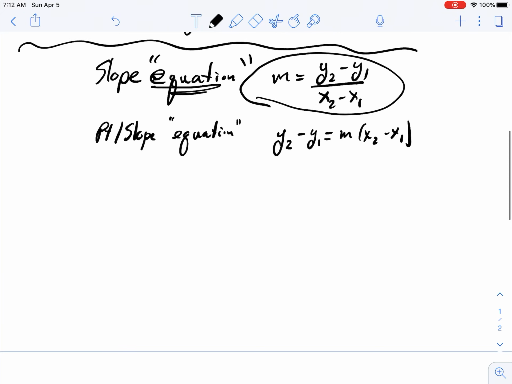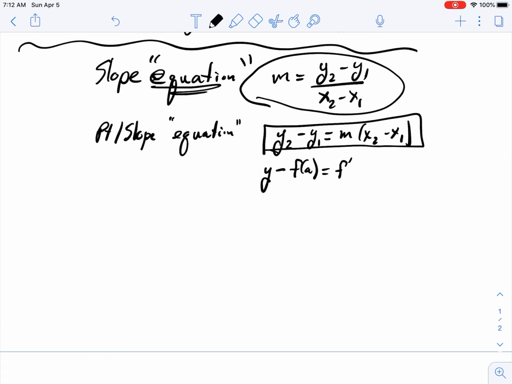Okay. Now, from that, then you get different forms. But let's start off by looking at different notation on this. Some of the things that happen later on, they might write this as y minus f of a equals f prime of a times (x minus a). I'm going to come over here so I have more room. There's still the equation here, just the notation has changed.